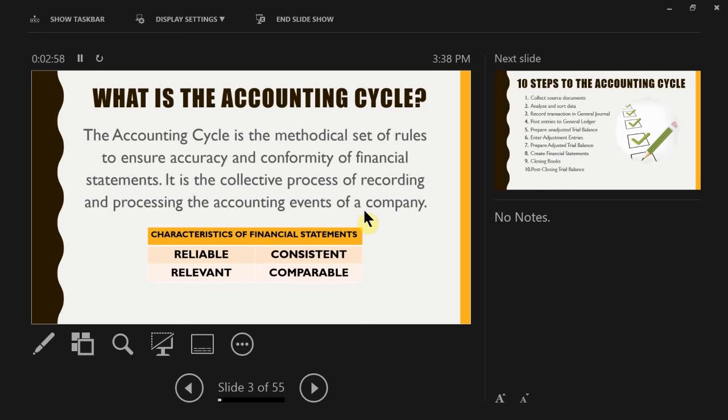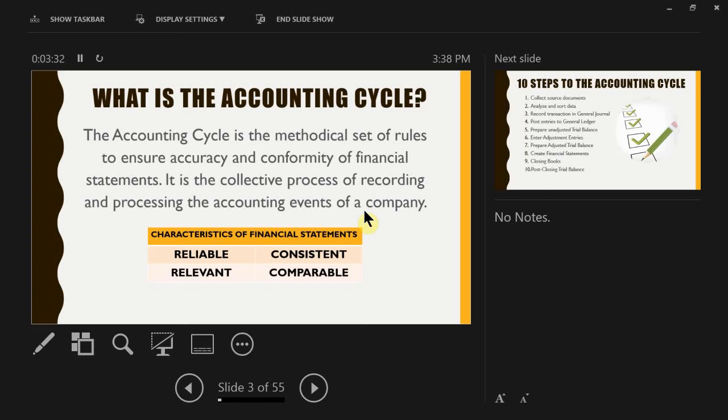It wouldn't be relevant if I were to journalize something 10 years ago and then journalize something today, because with relevancy, I cannot expect that my prices 10 years ago reflect the same as today. So being relevant is being current with the times. The tax rates are all within the same year, not different years. They're all going to be relevant.